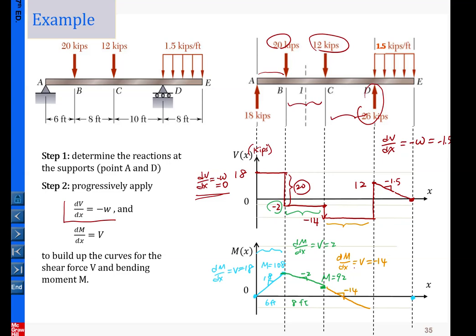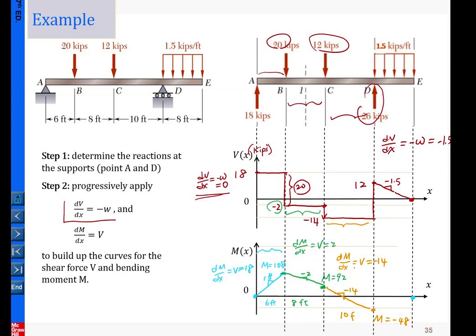The distance here is 10 feet, so right now we descend from 92 by 140, which gives 92 minus 140, so M equal to -48.